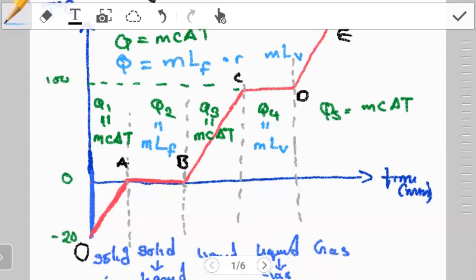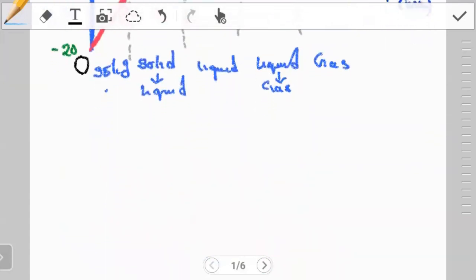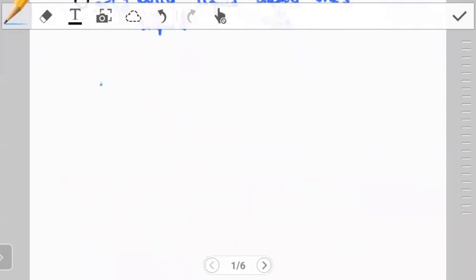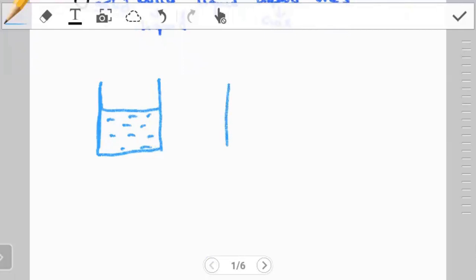Now, what you have to keep in mind is if you have two objects, let's say this is a glass, and then in this glass, you have a liquid. And then to this glass, you decide to add more of this liquid, but now at a different temperature.